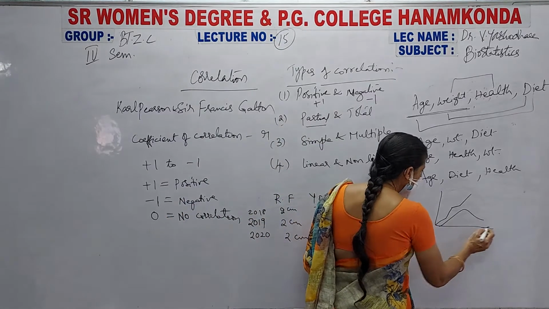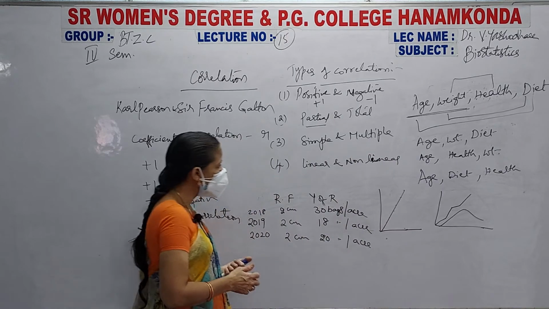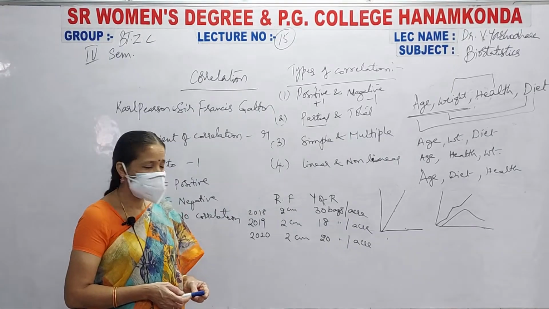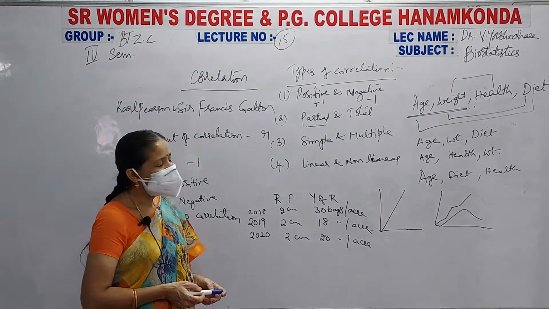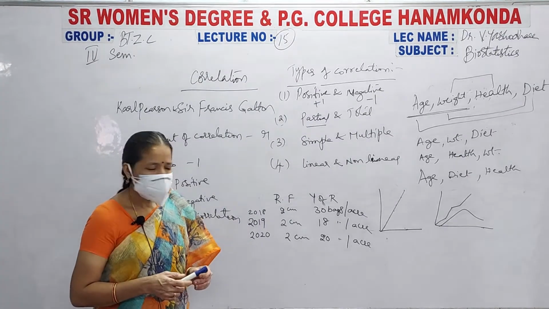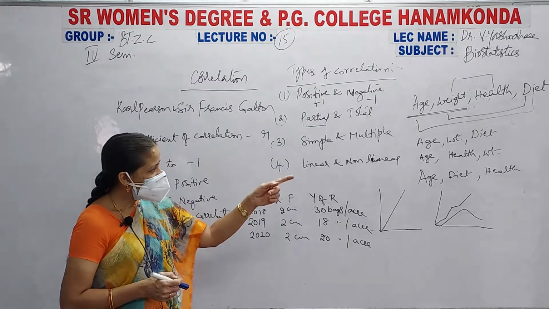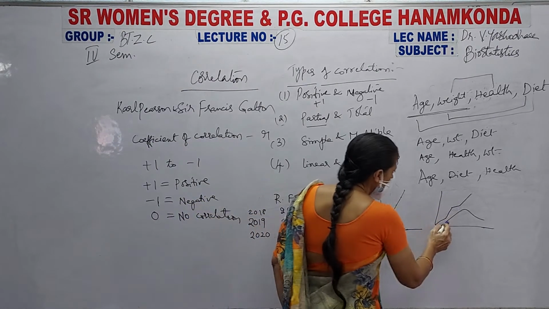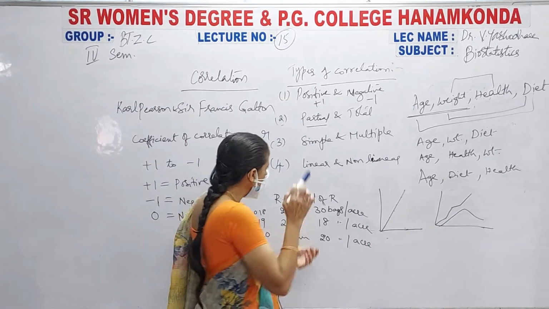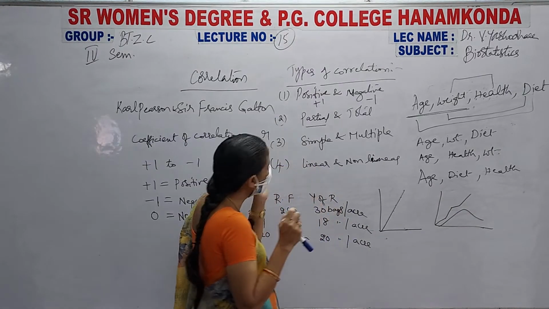So in linear correlation you get a straight line joining all the points of correlation, and in non-linear it is not a straight line, you are getting a curved line or a curve-like thing, and it is not straight. This is known as your correlation.